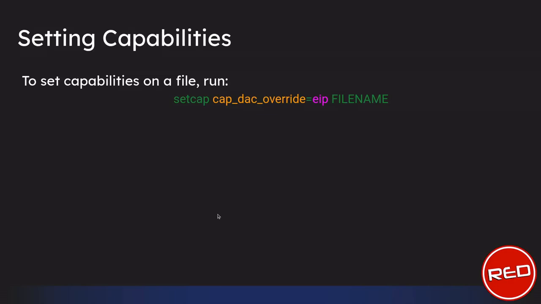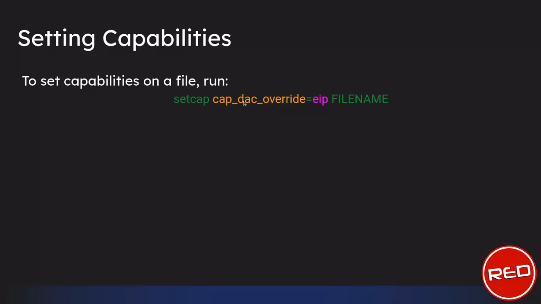So, talking about capabilities, it is pretty simple to set. You just use setcap and then the capability you want. Here, I have a specific example of the capability name and the settings that we are setting for that capability. And the reason I do this is because this one kind of just ignores all file permissions. Right?